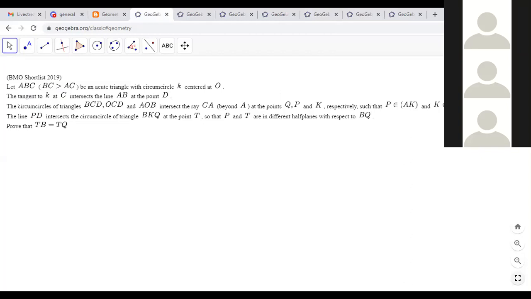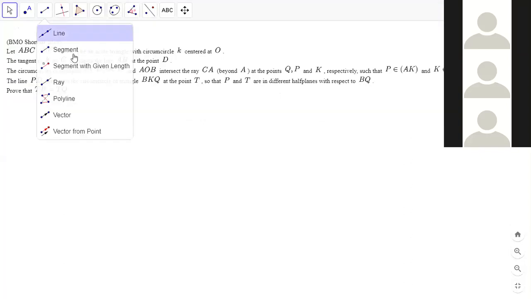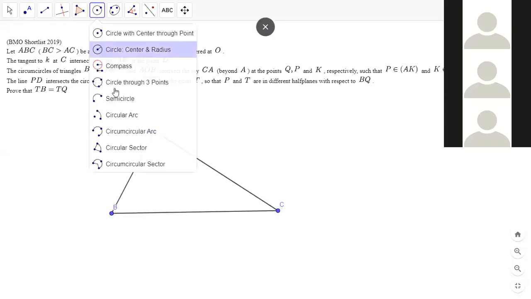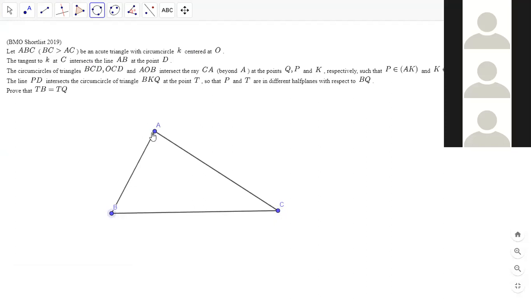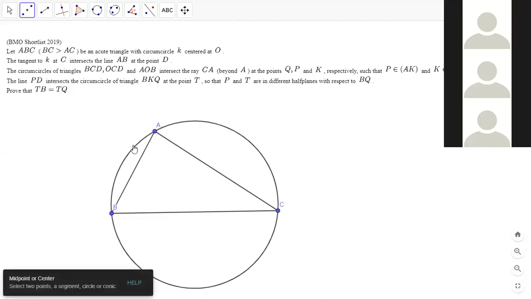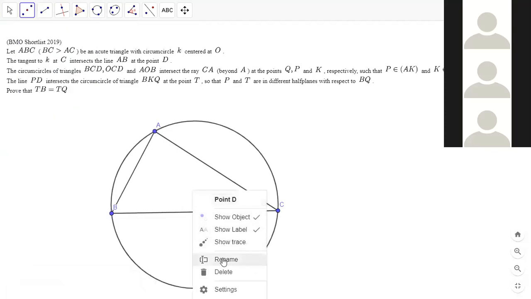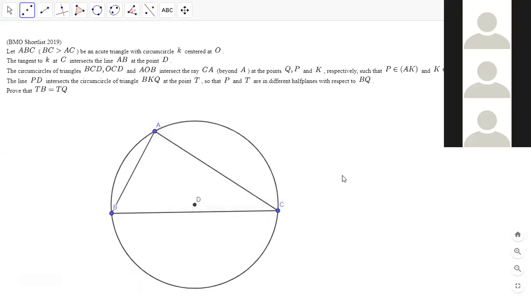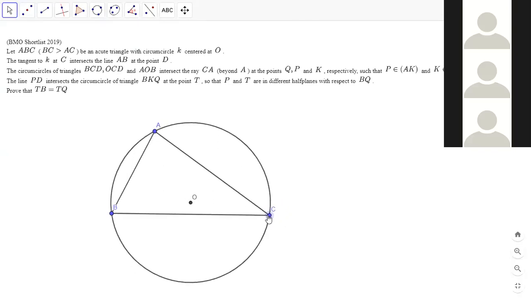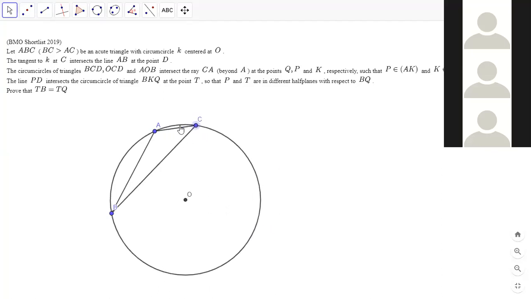Okay. So we have a triangle ABC with circumcircle K centered at O. And then the tangent, okay, really, it's better if C is at the top.